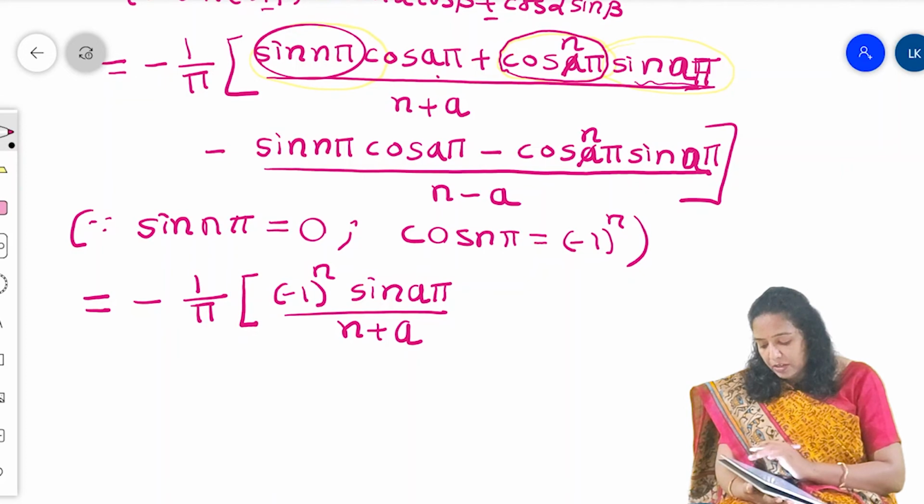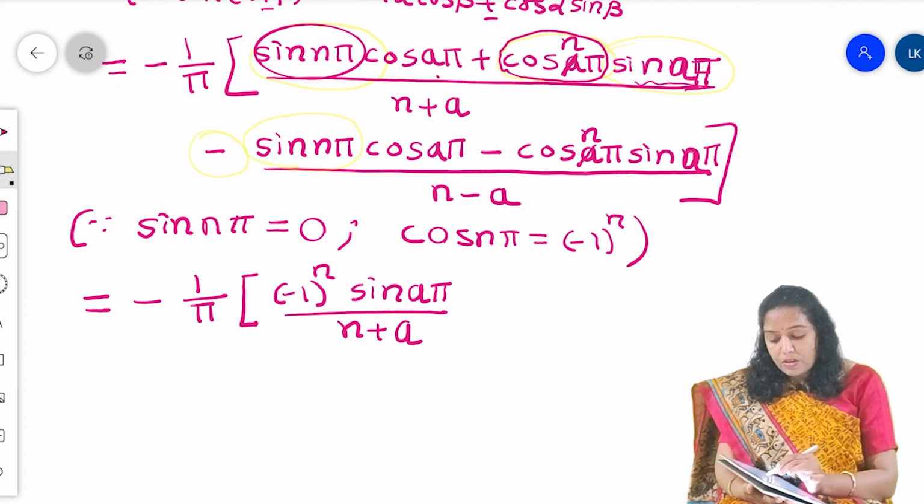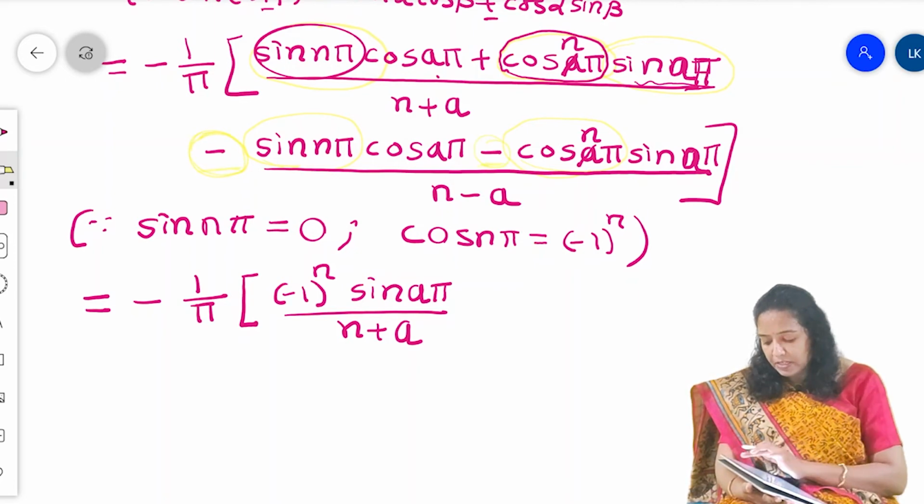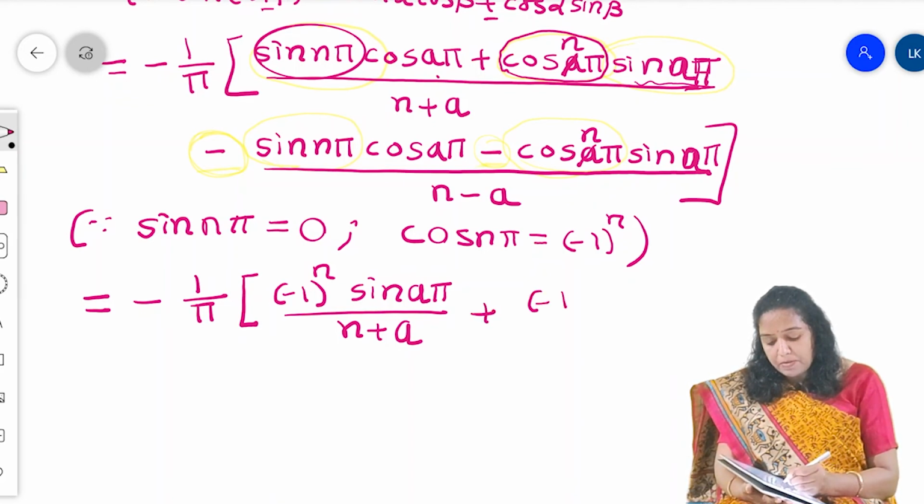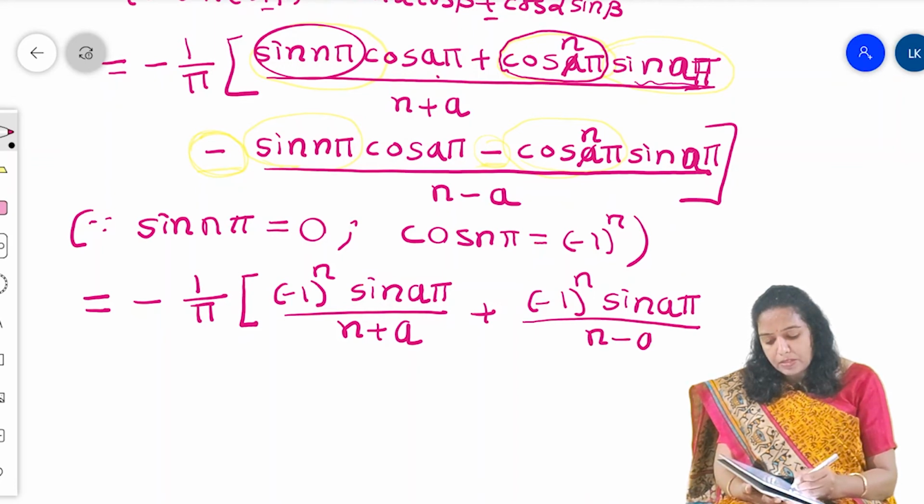Now in the second term, there is minus sign, as it is sin n pi is 0, cos n pi is minus 1 raised to n, this sign is minus, minus and here minus, minus into minus is plus, that is plus cos n pi means minus 1 raised to n into sin a pi upon n minus a, bracket complete.